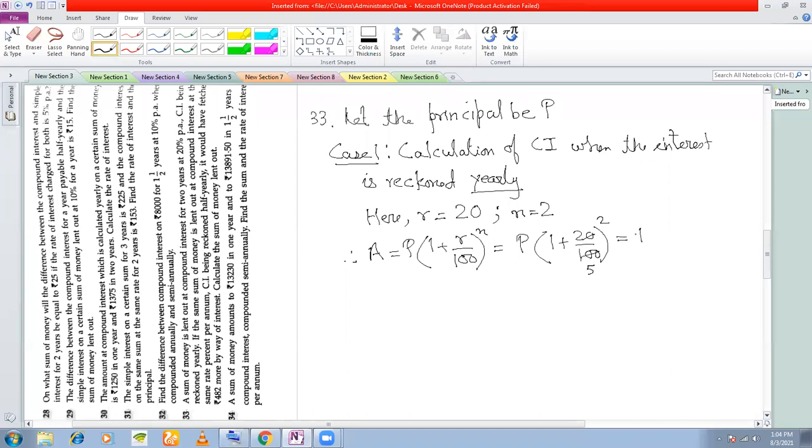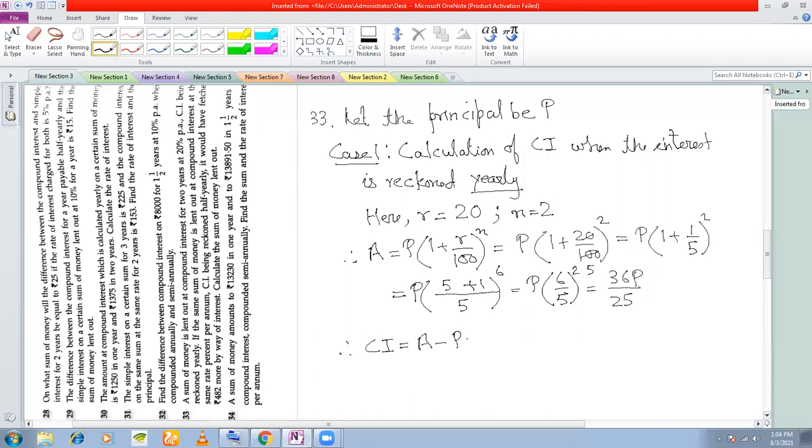You get P times 1 plus 1 by 5 whole square, so you get P times 6 by 5 whole square. And 6 square is 36, 5 square is 25. You get 36P by 25. This is the amount.